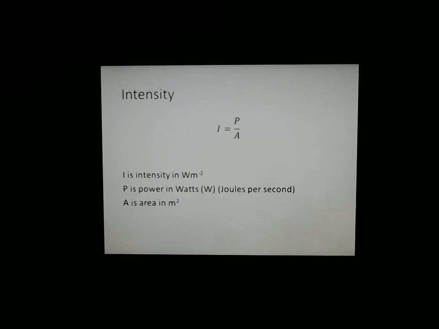I is intensity, as I said, in watts per meter squared. There are some other units of intensity like lux, but the conversion between lux and watts per meter squared is pretty tricky, and there's no mention of the unit lux anywhere in the syllabus, so we're going to keep it like this, which is why I don't think this would be the sort of calculation question on the exam. Define, yes.